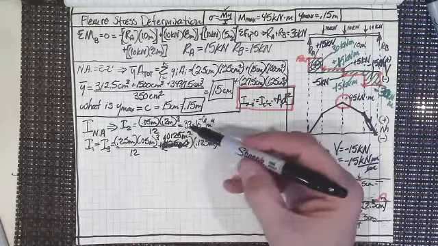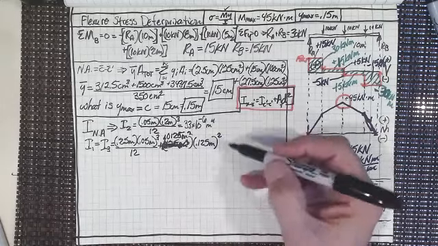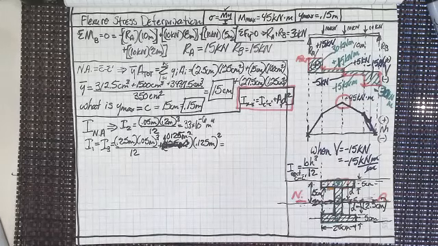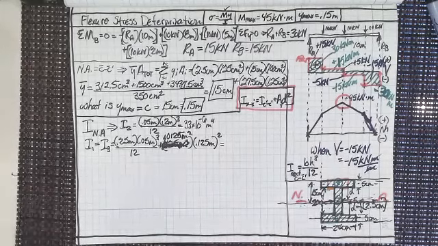All right. And I will give you what each one of those is in just a second. 0.25 times 0.05 cubed divided by 12.